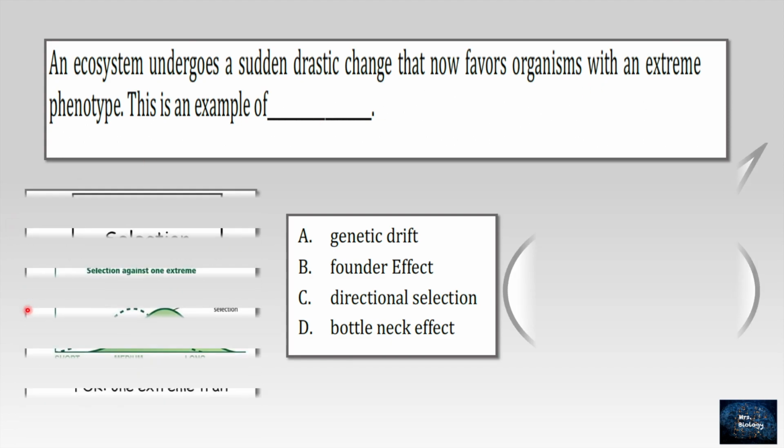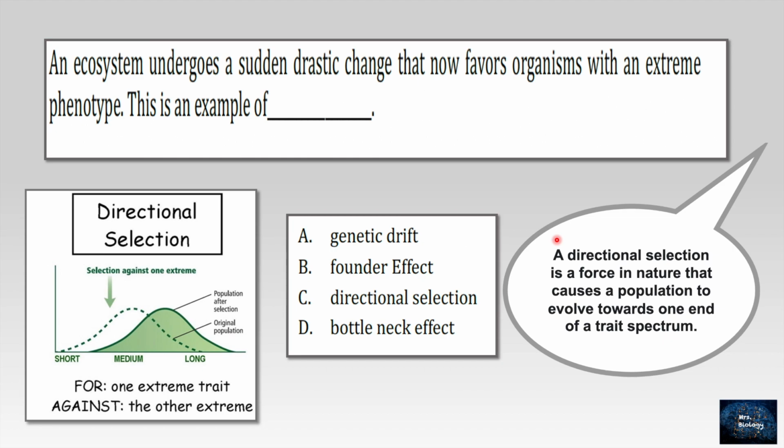So let's go back to directional selection, which is the force of nature, I mean natural selection, that causes a population to evolve towards one end of a trait spectrum, as we see here in this graph. So the right answer should be C, directional selection.